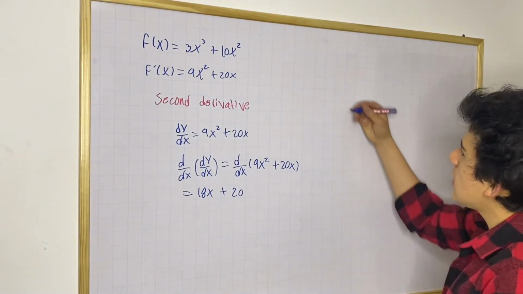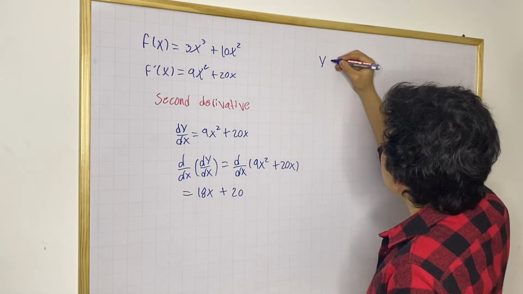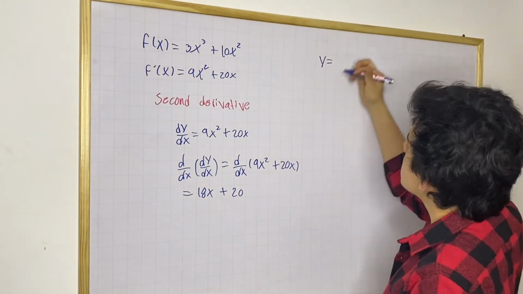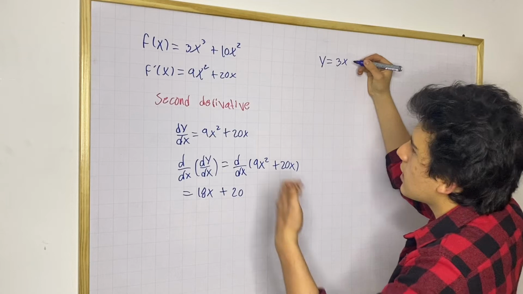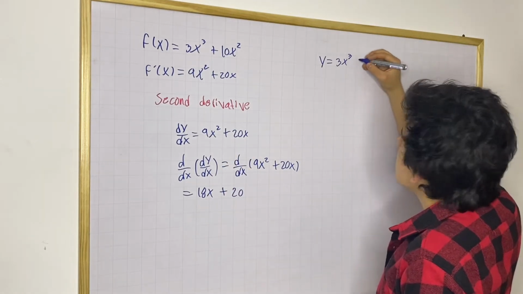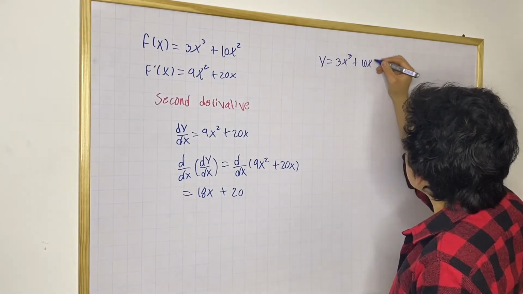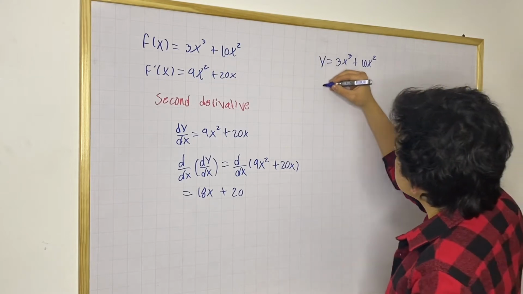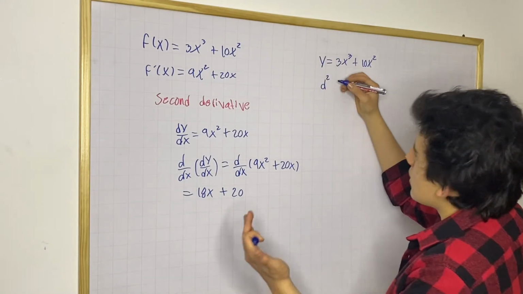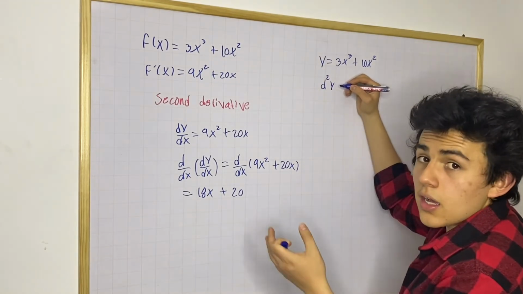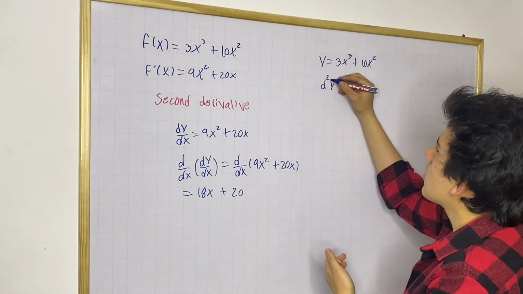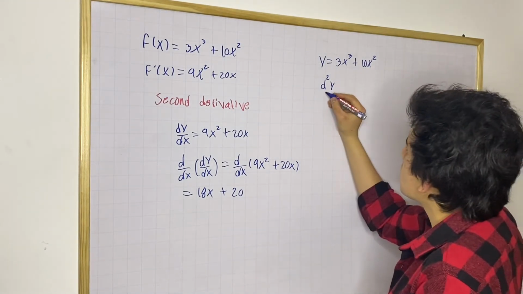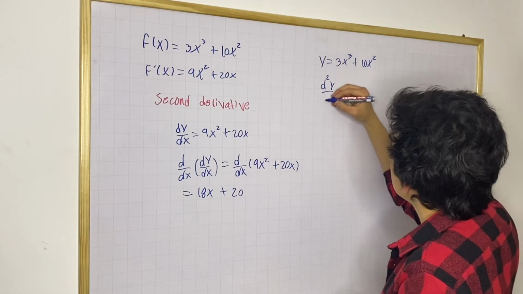You can say that if y is equal to your initial function, the same thing as f of x, 3x cubed plus 10x squared, you can write d squared y over dx squared. Although technically it's not a square, it's basically as if you're squaring, but mathematically it's not.